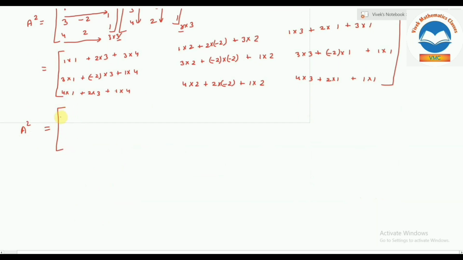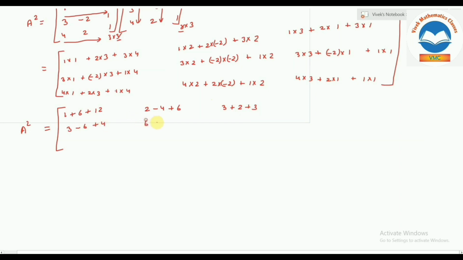So this will be 1 plus 6 plus 12. Next what you will get here? 2 minus 4 plus 6. Next will be 3 plus 2 plus 3. Second row will be what? 3 minus 6 plus 4.